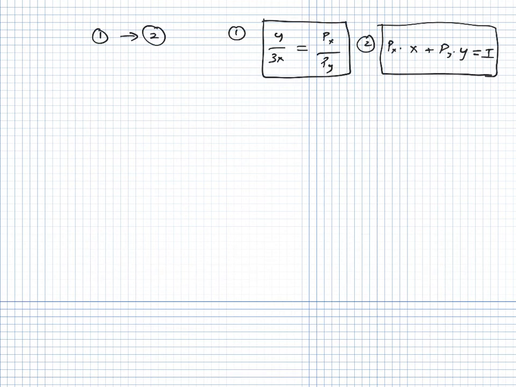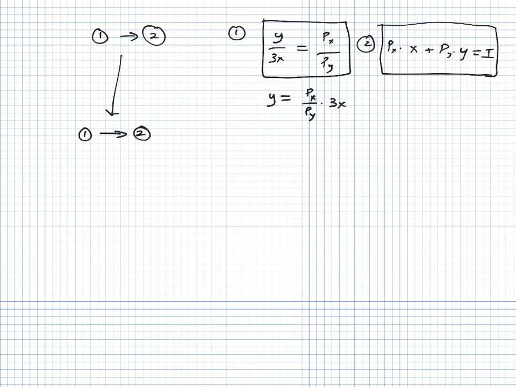I've copied over equation 1 and equation 2 from the previous slide so that we have those to work with. You'll notice it's going to be helpful for us if we think about rearranging equation 1. What I'm going to do is move that 3x term back over to the right-hand side. And what I'll have then is px over py times 3x on the right-hand side. That's going to be helpful for me because what I want to do is, once again, plug 1 into 2, as I've indicated up here.